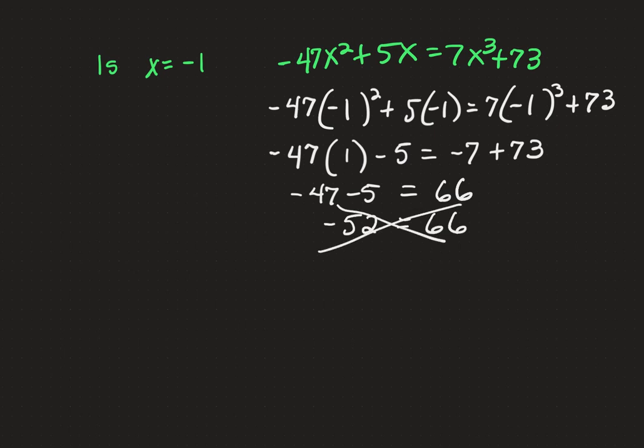No. I would go through and double check my work here, but I'm pretty confident that I get negative 52 and positive 66, and so the answer to the question, is x equals negative 1 a solution to that expression, is no. If it were, you would get a true statement. These two numbers would be equal if x equals negative 1 was a solution. Since they are not, it is not.